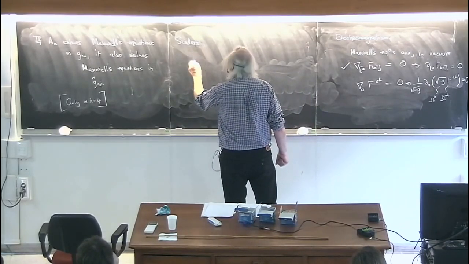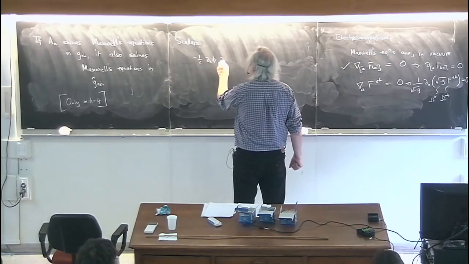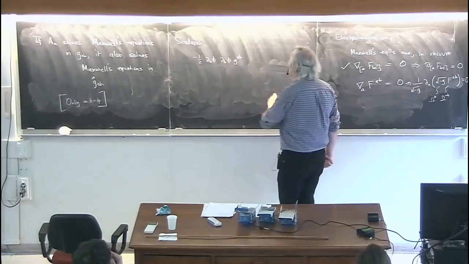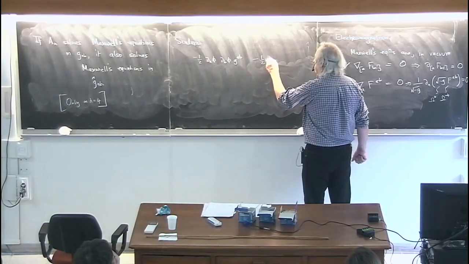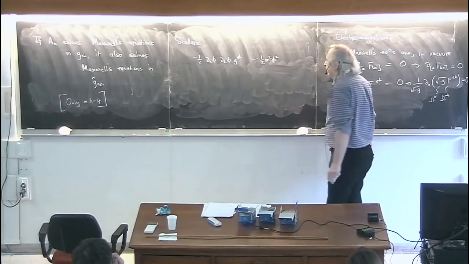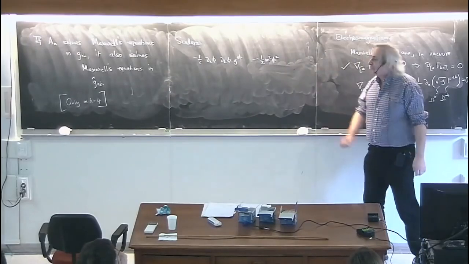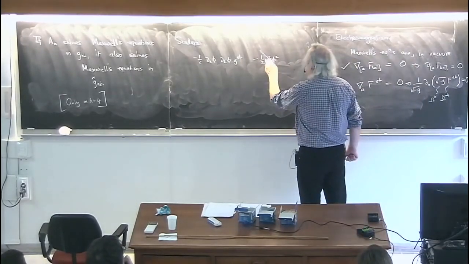However, if you took this action, various things ruin it. The first thing that will happen is, of course, that the mass is going to ruin this thing. So you can't have massive scalars which are conformally invariant.